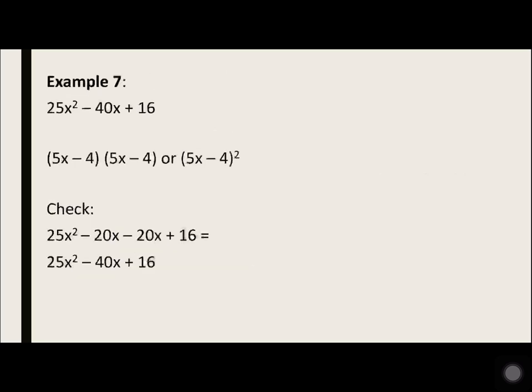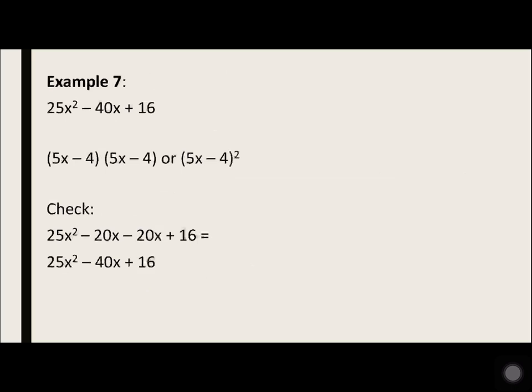Example 7. 25x squared minus 40x plus 16. Break down the 25x squared, 5x times 5x. 16 is 4 times 4. We need minus 4 times minus 4, so that the negative times a negative equals positive 16, and that we get the negative in the middle for our negative 40x.